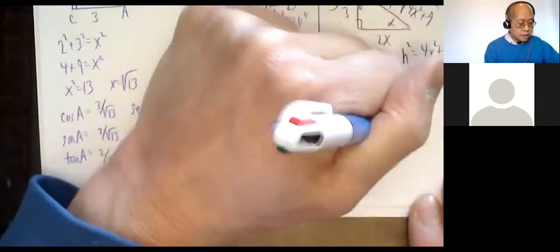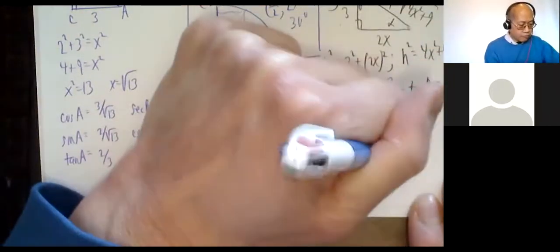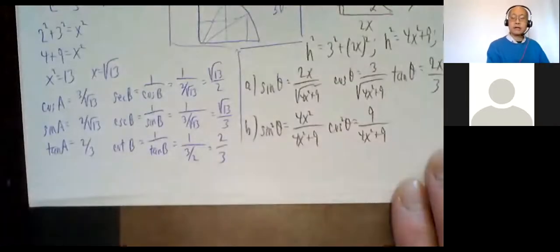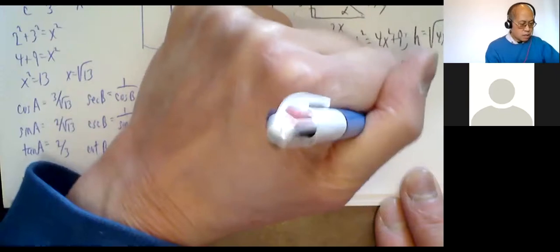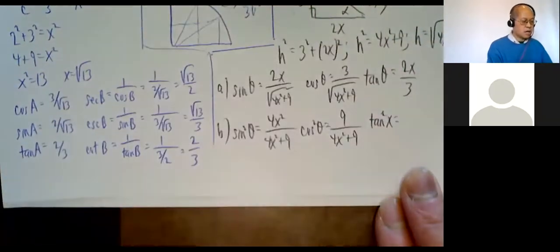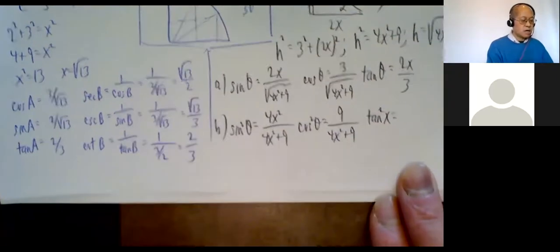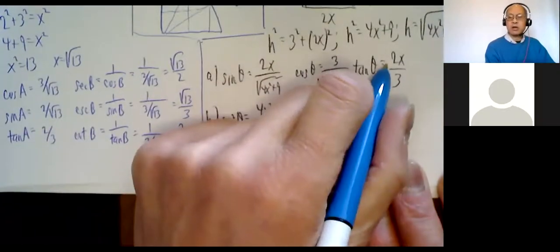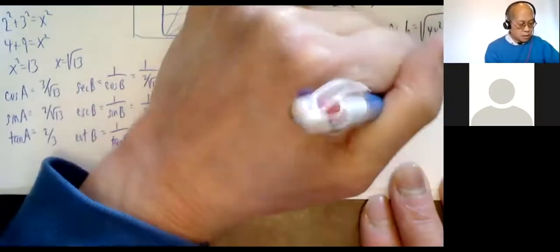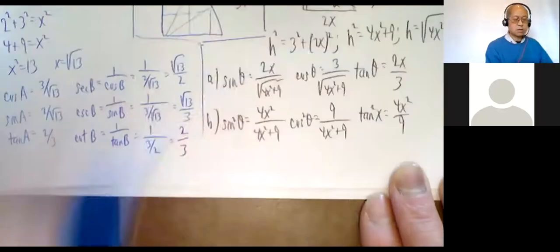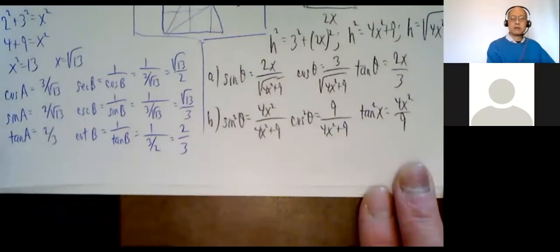Square this, 9 over 4x squared plus 9. And tangent squared is 4x squared divided by 9. Right? That's all.